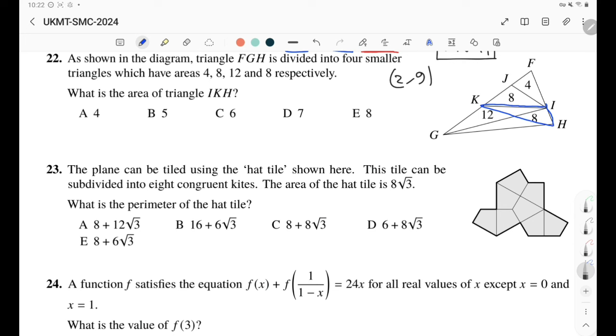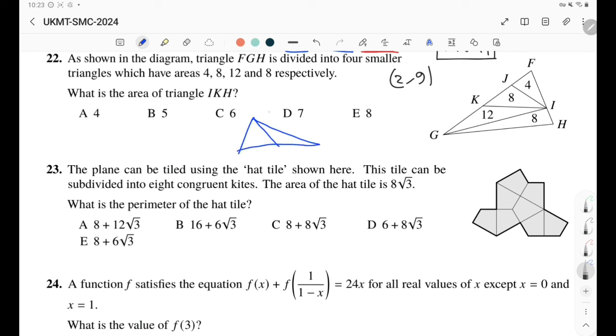Before we analyze this, whenever you have areas and triangles, there is a very famous and standard technique you will see in all regional math Olympiads. That is the areas ratio.